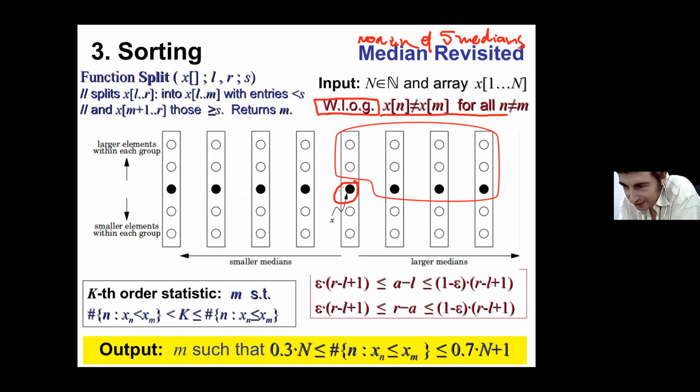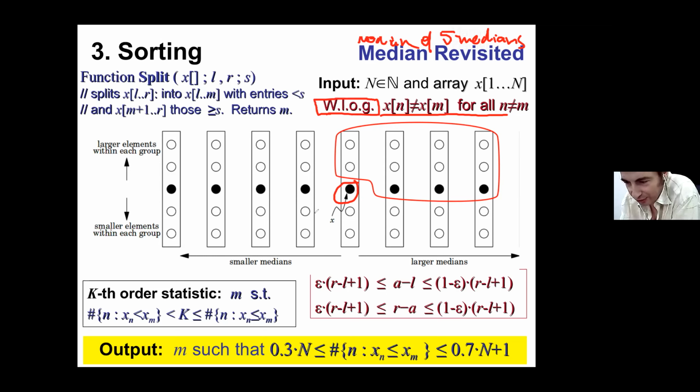And then I do the following. I split my array into groups of 5, and why 5 and not 6 or 3 or 7, I will discuss later. So assume for now that we split it into groups of 5, and from these groups of 5, I determine the median, so the middle element of these groups of 5, which are these black dots, and I output the median of this median.